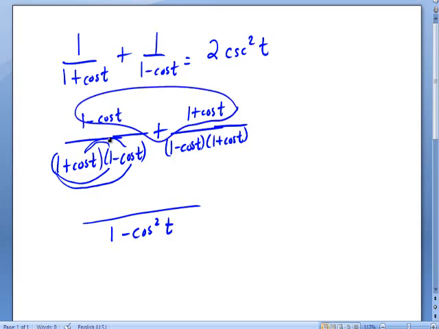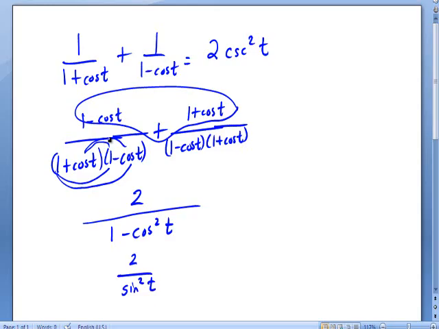Looks like the cosine of t and the negative cosine of t cancel off, and so I just have 1 plus 1, or 2. The denominator is 1 minus the cosine squared, but if we think back to that, sine squared plus cosine squared equals 1, so it looks like this should just simplify to sine squared of t.